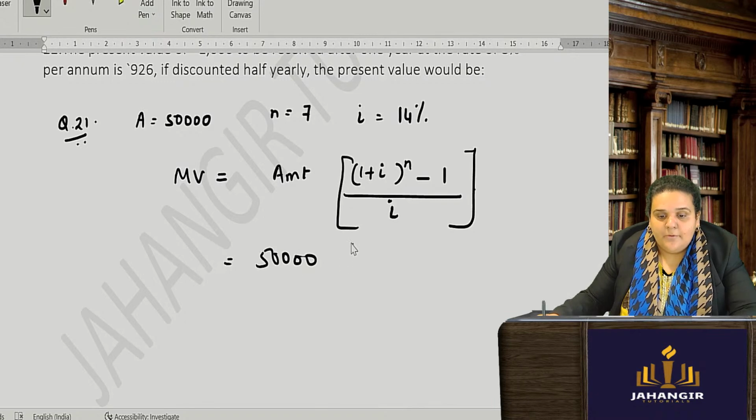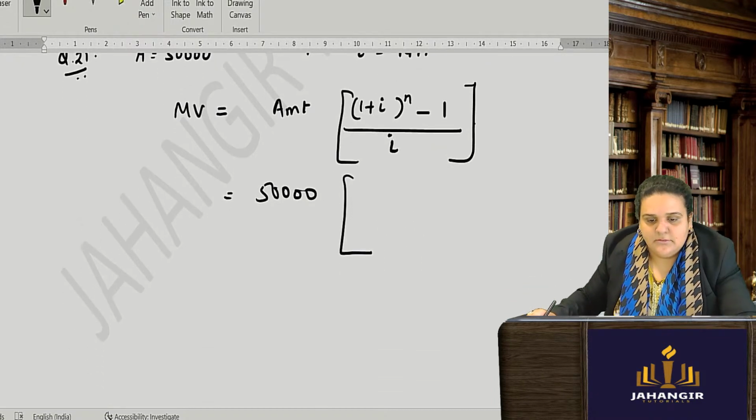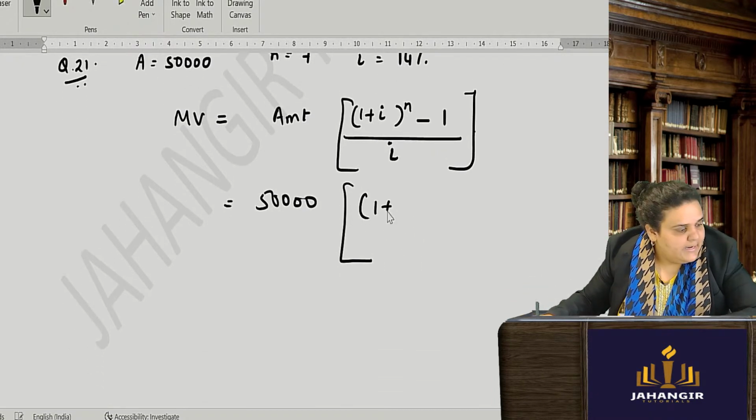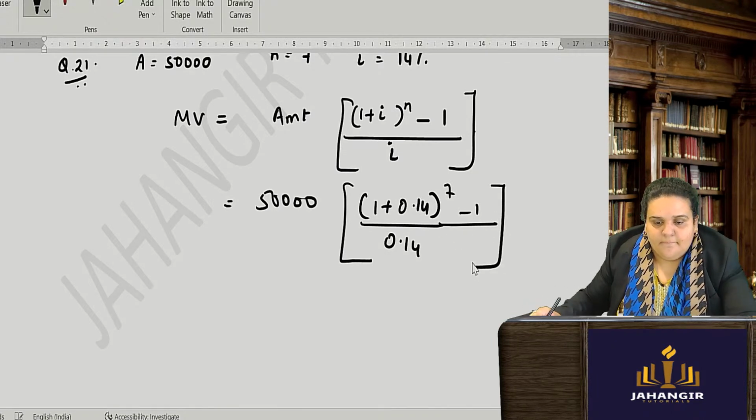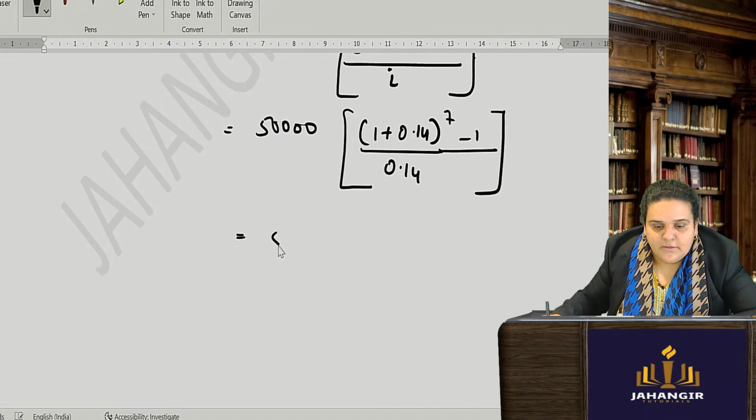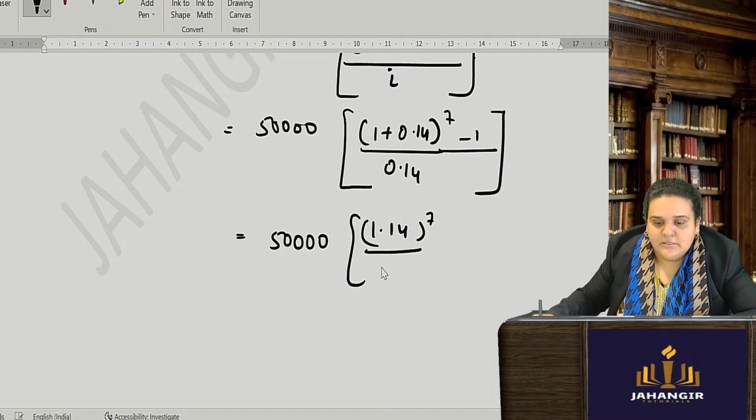The compounded interest formula this is. 1 plus I is 1.14, the whole thing raised to 7, minus 1, upon 0.14. So 50,000 into 1.14 raised to 7 minus 1 upon 0.14.